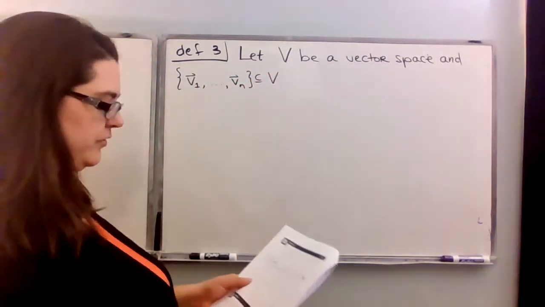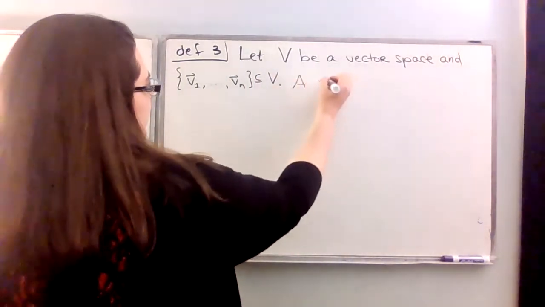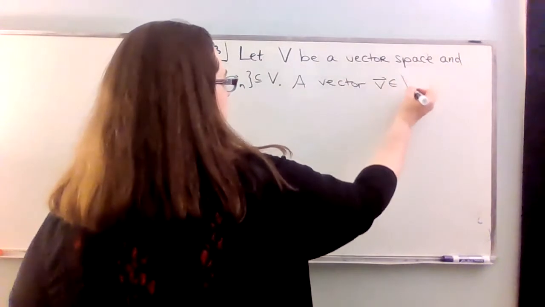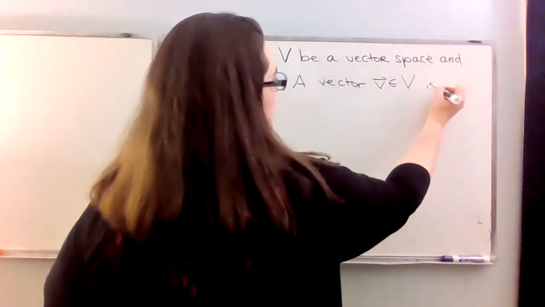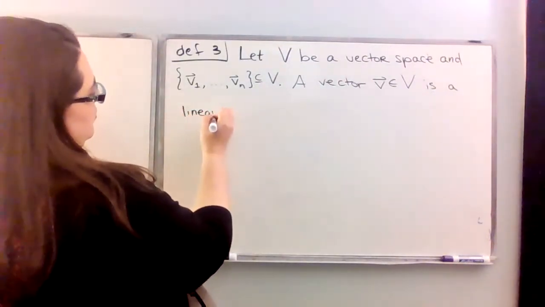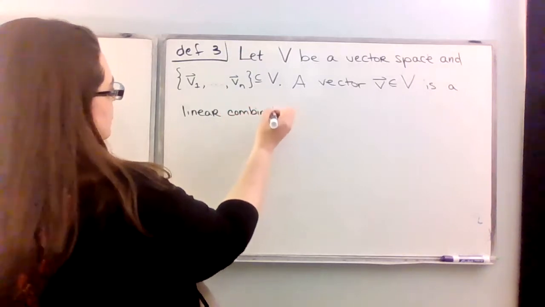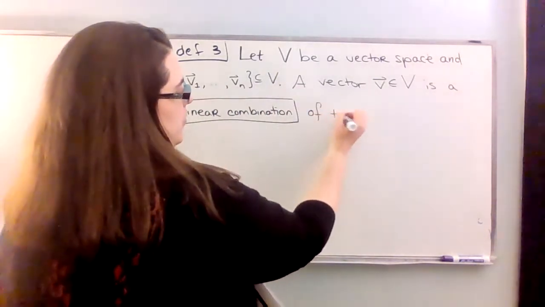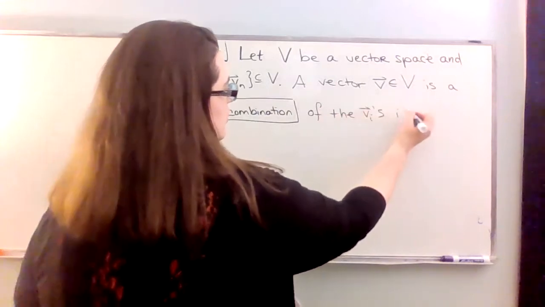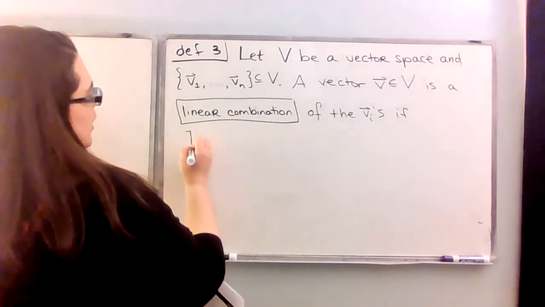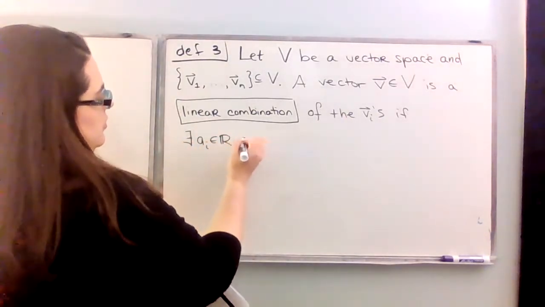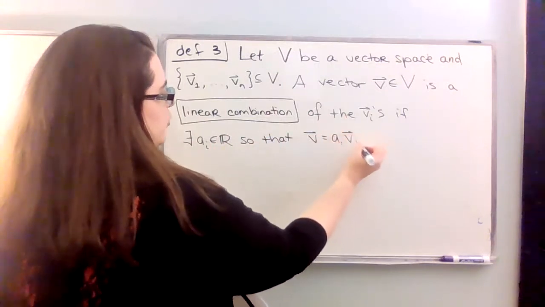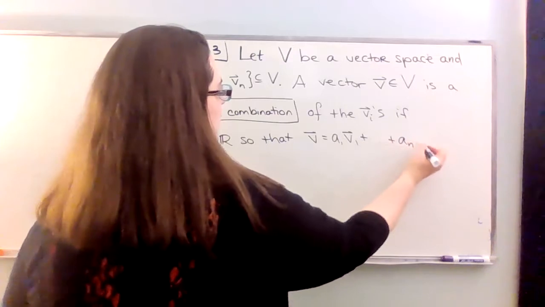This is going to be a subset of V. A vector, now I'm just going to call this v, is an element of big V, is a linear combination of the vi's if there exist ai in R so that v is equal to a1 v1 plus and so on, plus an vn.